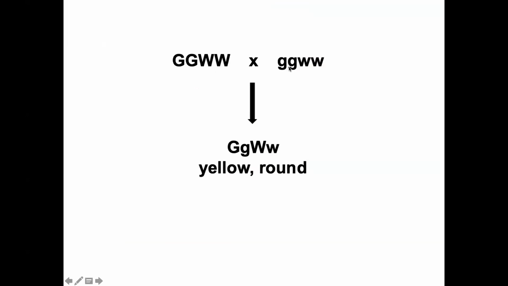You're crossing 2 homozygotes, so there's only going to be 1 genotype among the progeny, heterozygous for both G and W, and therefore, phenotypically, all the test cross progeny are going to be yellow round. There's only going to be 1 phenotype, no segregation. So if you performed this test cross and saw that result, you would conclude that the genotype of that unknown F2 plant was homozygous big G, homozygous big W.